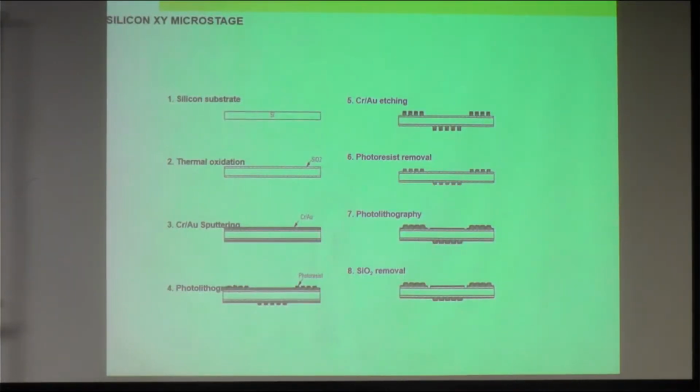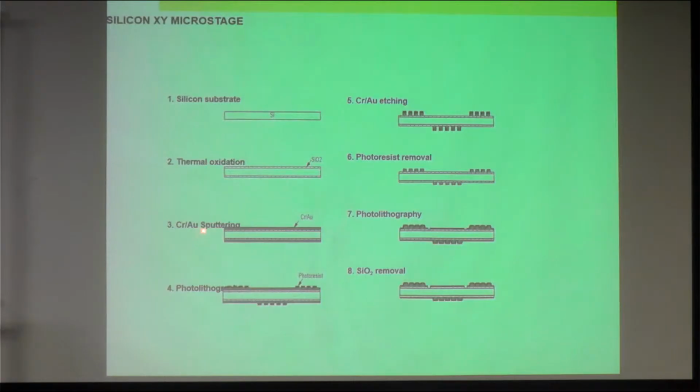So now we look into the fabrication process of this micro stage. We started with a silicon substrate, then a thermal oxidation to have a silicon dioxide layer on both sides, top and bottom, because later on we will have a circuit design on both the top and bottom of this device.